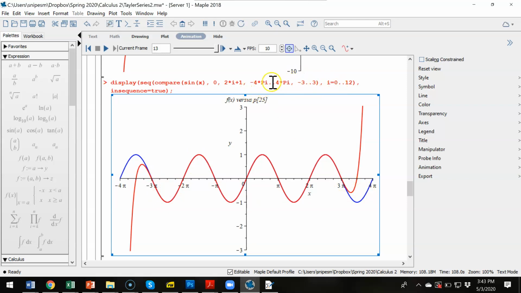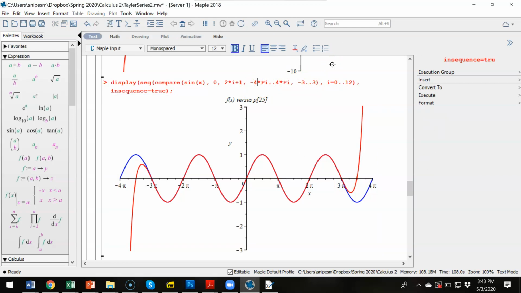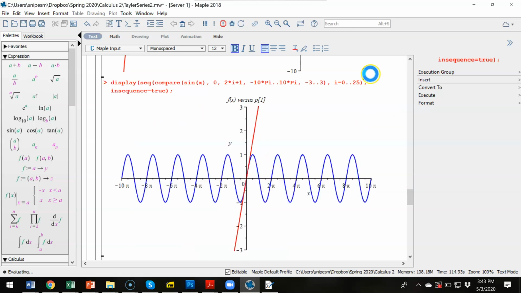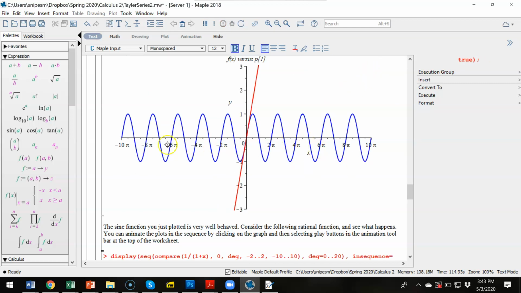In fact, I could even make this, let's make this minus 10 pi up to 10 pi. And we'll make this up to, let's try 25. Let's see what that does. It'll take a few minutes to calculate, and now our window is going from minus 10 pi to 10 pi.